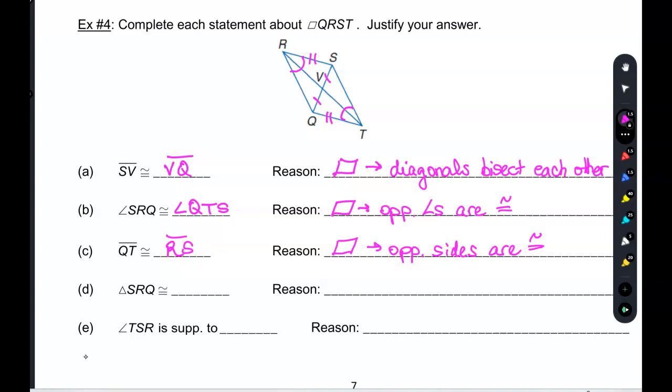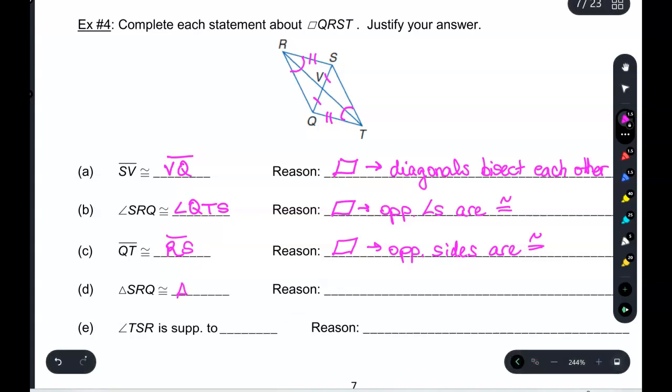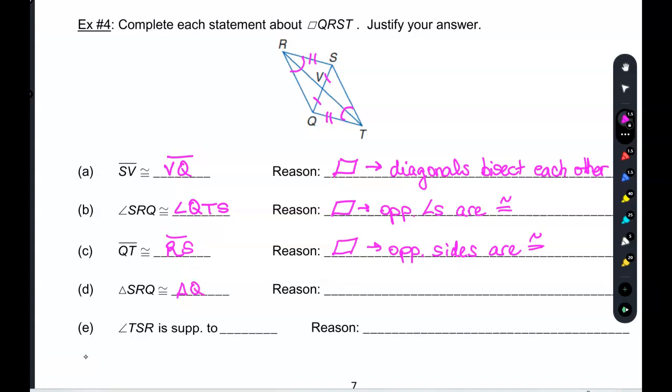Okay, then we have triangle SRQ would be congruent to what other triangle? SRQ. I feel like I'm hearing a bunch of different answers.